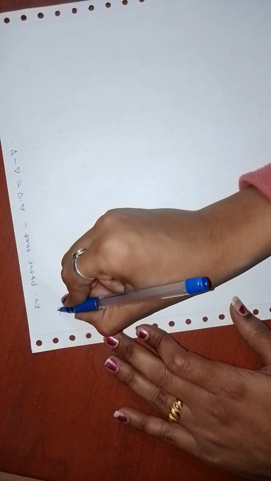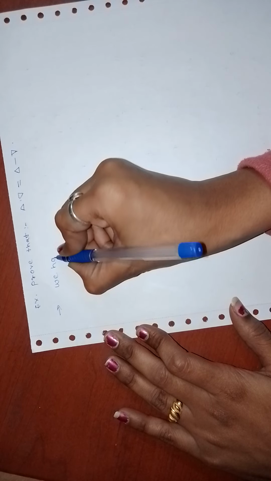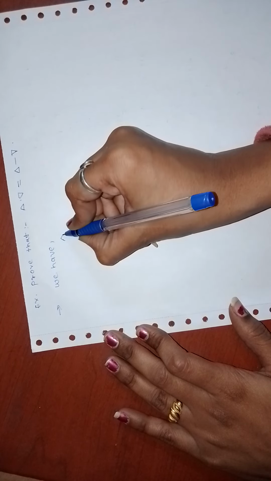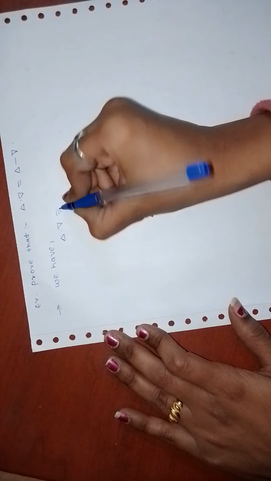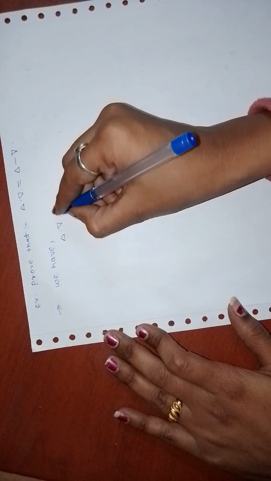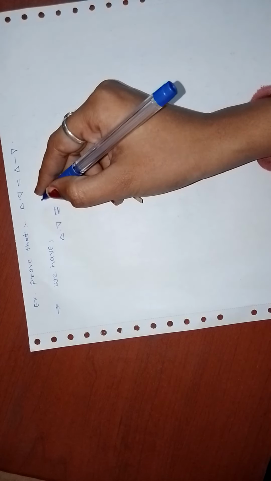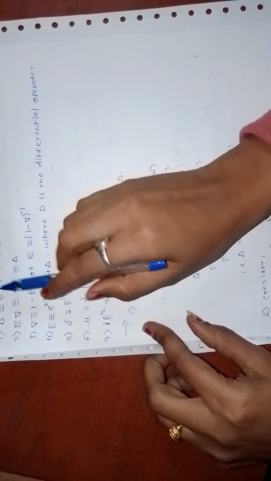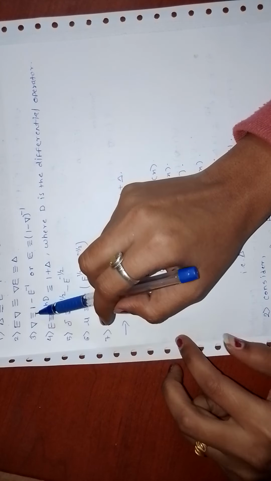Solution: we have delta into del, which is equal to, from this relation we take delta as E minus 1 and del as 1 minus E inverse.